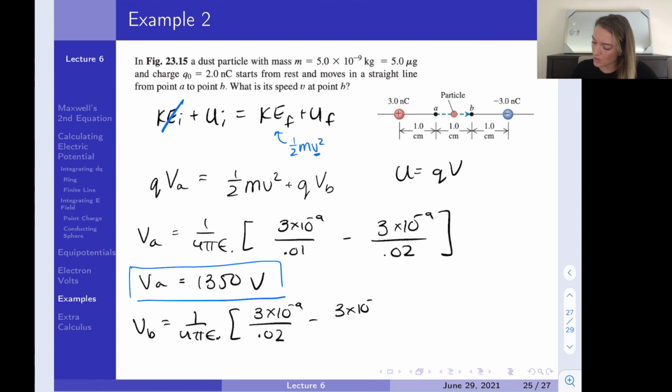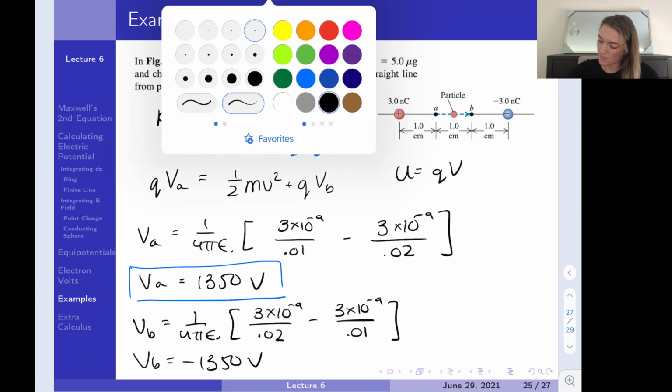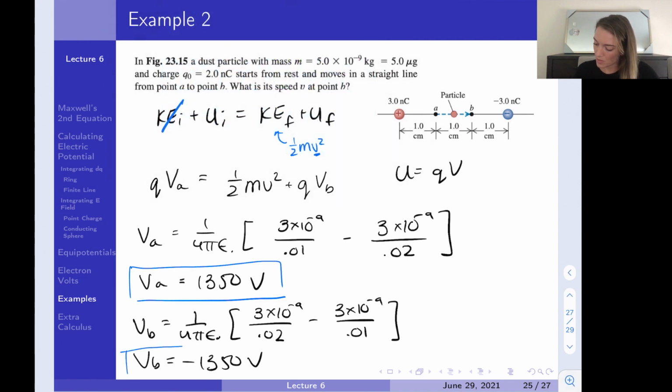And then the negative charge is now 1 centimeter away from point B. And this number comes out to negative 1350. So the particle is moving from a place of potential with positive 1350 to negative 1350 volts.